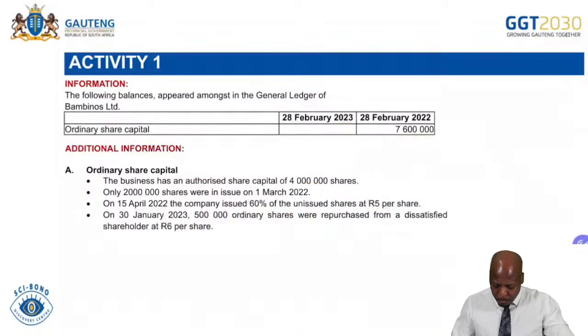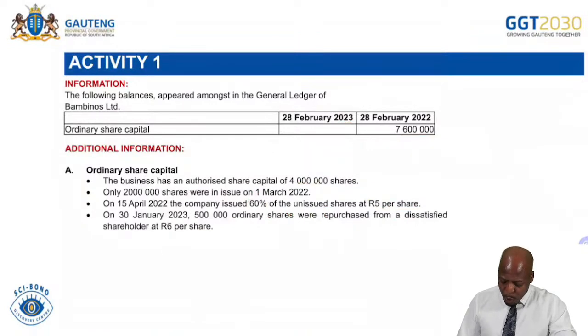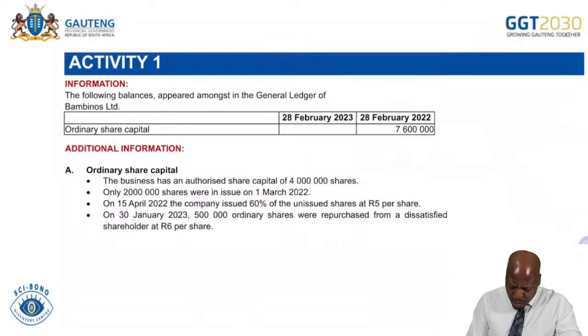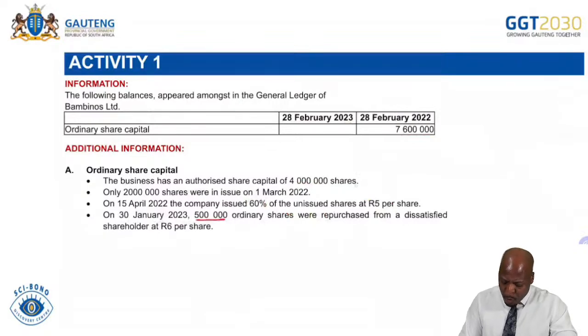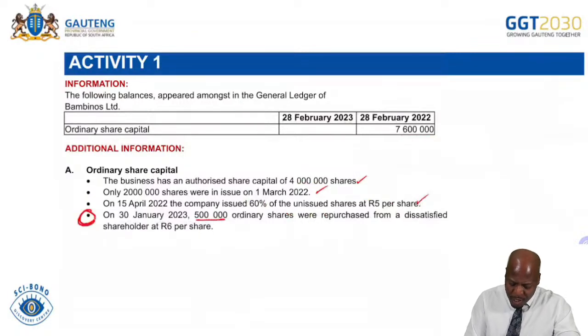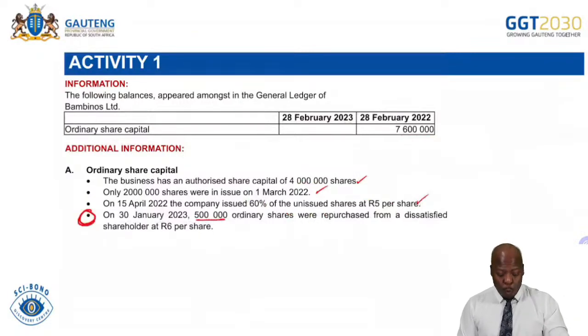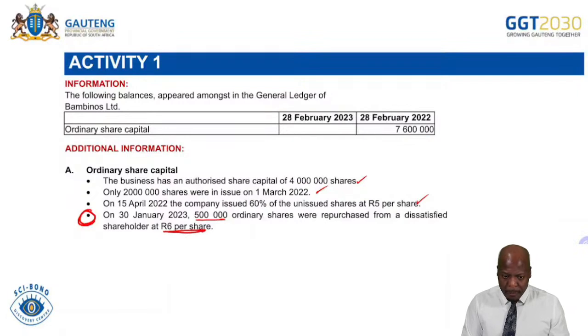Let's go. So when we get here, we are being told that on 30 January 2023, 500,000 ordinary shares were repurchased. Remember, we've done this one, and this one. So the new information is this bullet alone, which says 500,000 shares have been repurchased from a dissatisfied shareholder at 6 Rand per share.